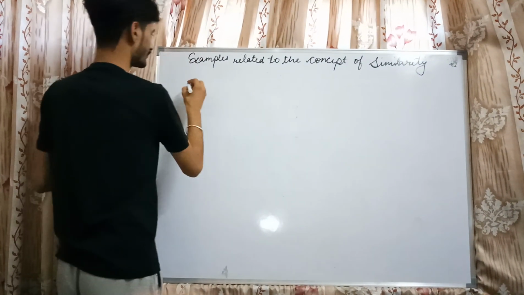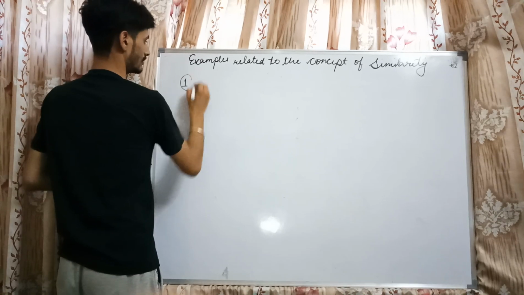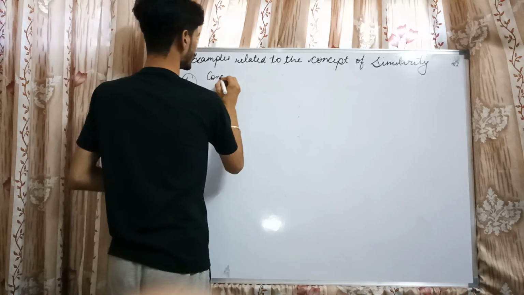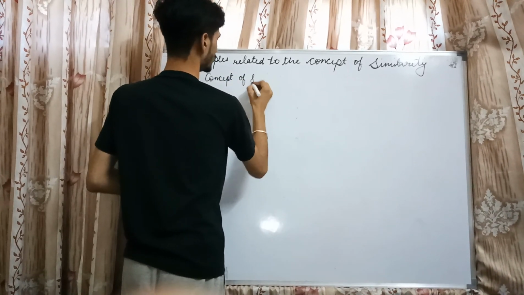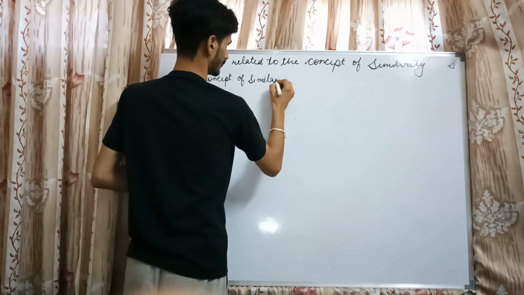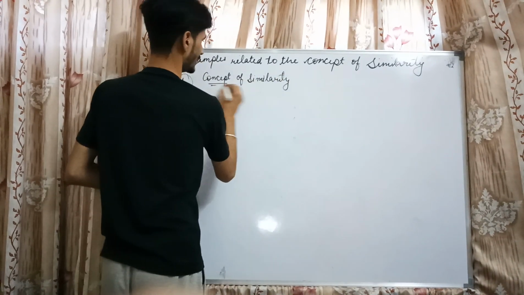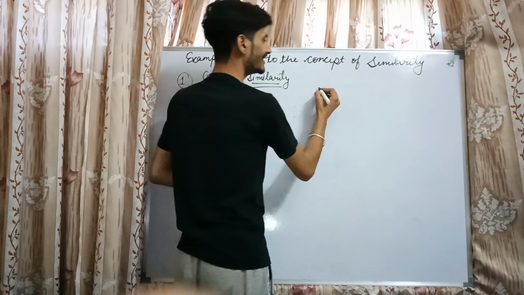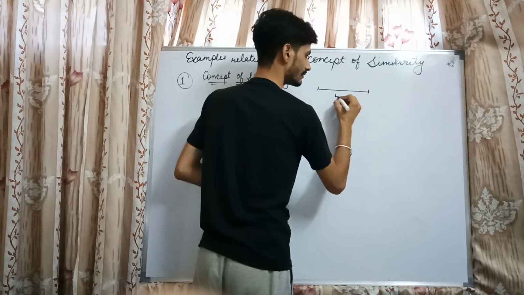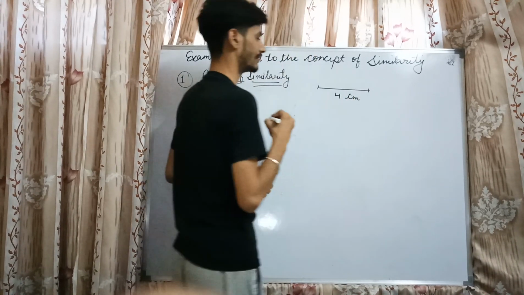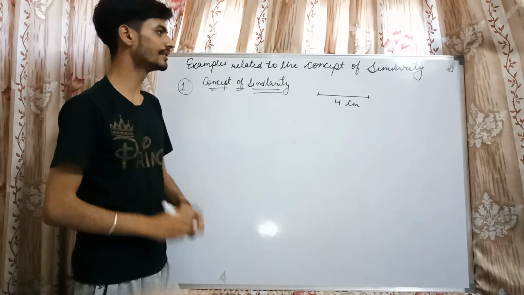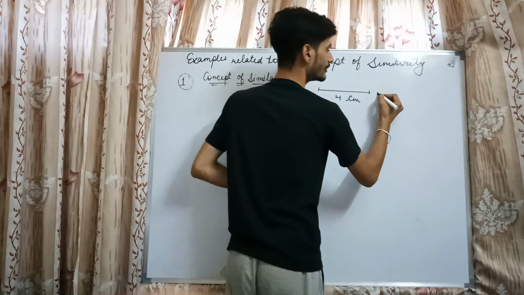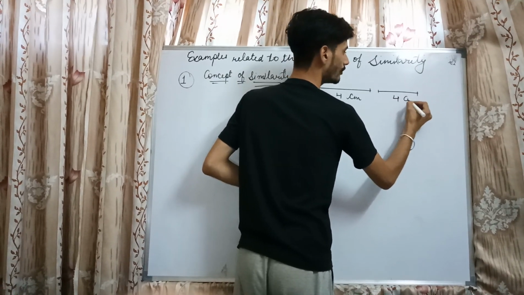Firstly, if I'm talking about the concept of similarity, and I take an example with a line segment of 4 centimeter for the first step, and for the further step, if I take the same line segment with the same length, that is 4 centimeter.